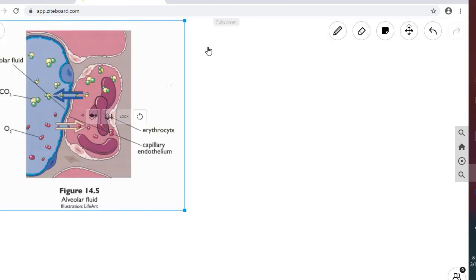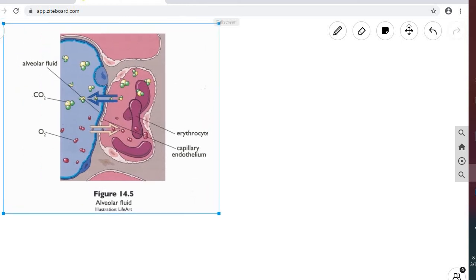So this figure is showing the place where the alveoli and the red blood cells come together.